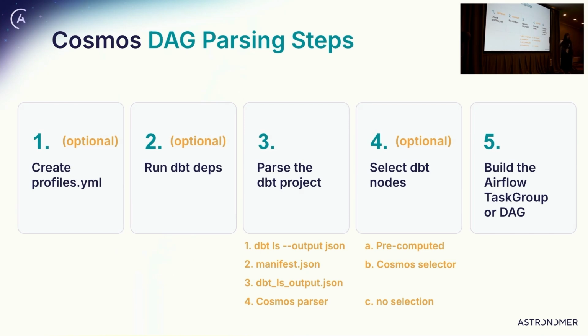People can opt out, but that may happen. Then Cosmos needs to understand the dbt project topology somehow. This may be from a manifest file or somewhere else, but it has to do that. Then, depending on options for selecting models, if you're using a manifest and you want to use a selector, Cosmos has custom logic to select and exclude nodes that will be executed.